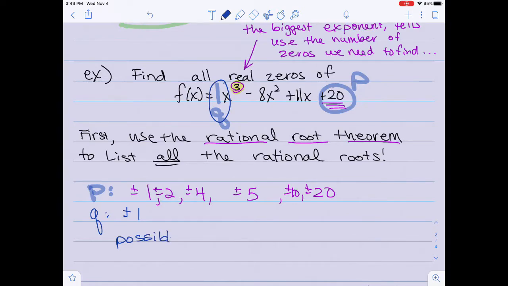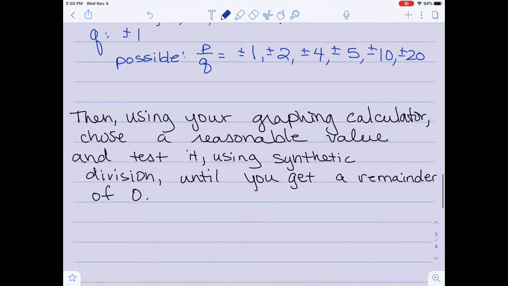So our possible roots, P over Q, means every value of P over every value of Q, which is just our list of P factors over 1. So it's going to be the same thing: 1 over 1 is 1, 2 over 1 is 2, 4 over 1 is 4, 5 over 1 is 5, 10 over 1 is 10, and 20 over 1 is 20. So there's our list of possible roots.